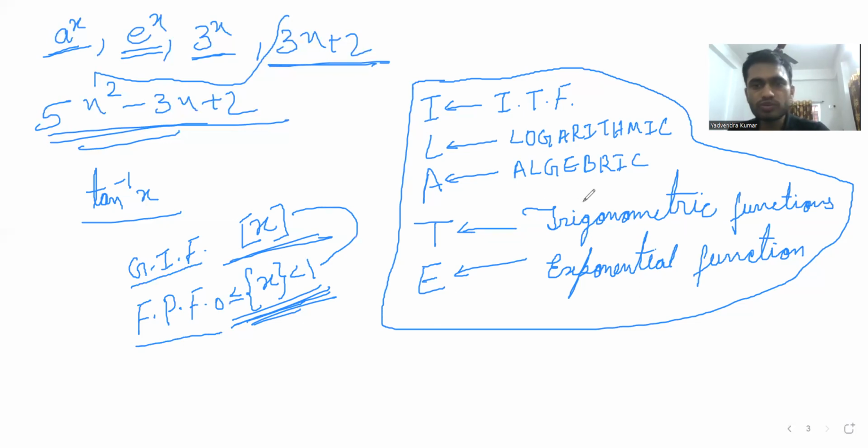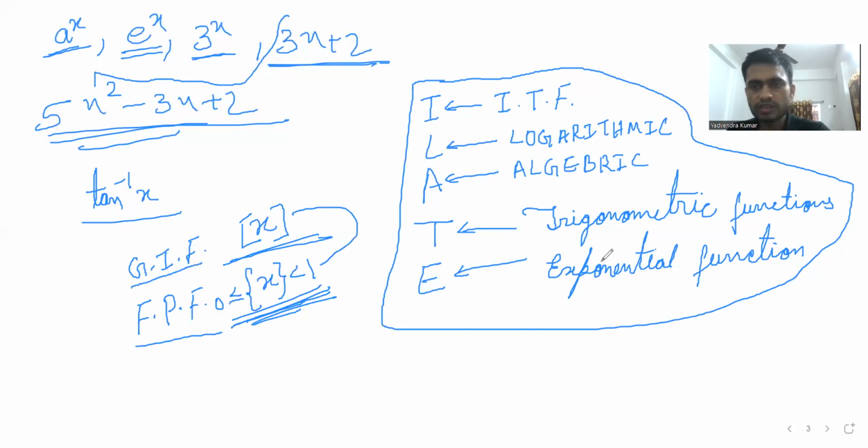Okay, now moving next. The next thing is types of function. Whatever functions are available, we can categorize in these 5 categories. But the categories where we are going to categorize are the most important and most famous. So we can categorize in the form like 1 1 and onto.